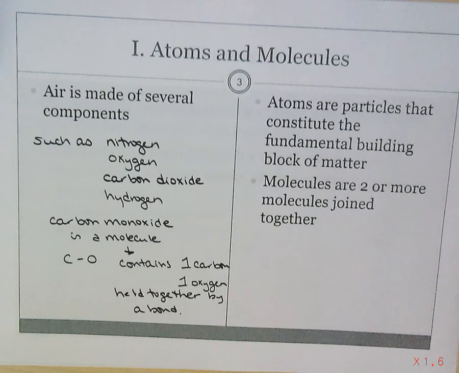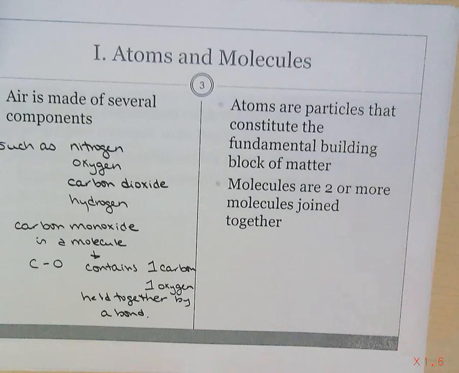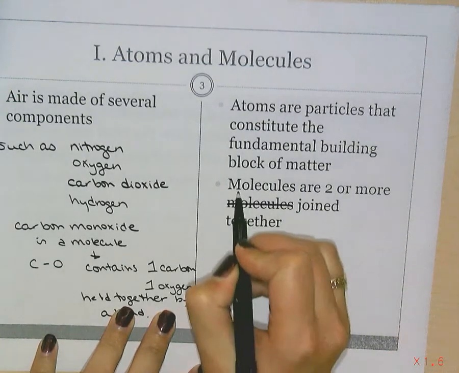So if that is a molecule, we also have to worry about what is an atom and what is a molecule. So atoms are particles that constitute the fundamental building block of matter. And molecules are two or more that's a typo. Two or more atoms. Just testing you guys, seeing your reading skills.